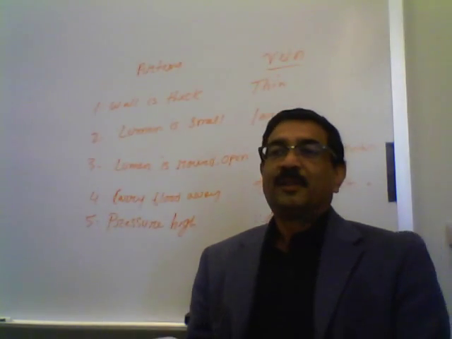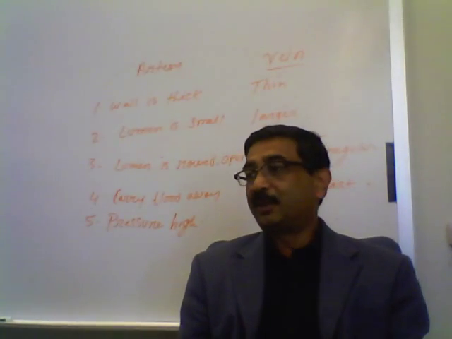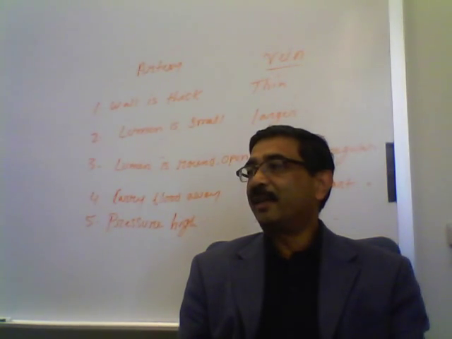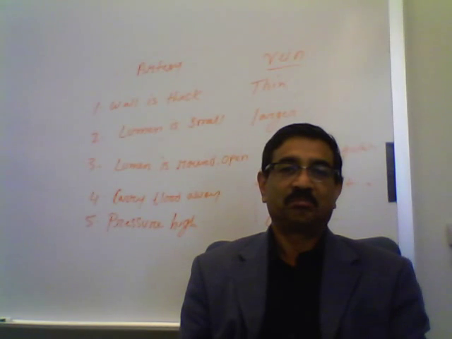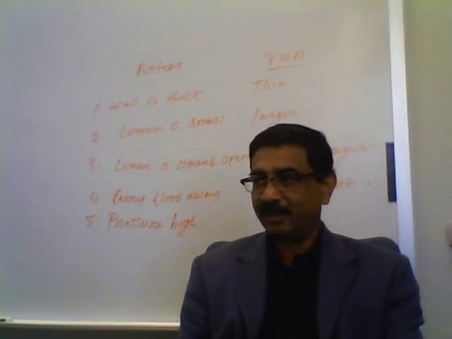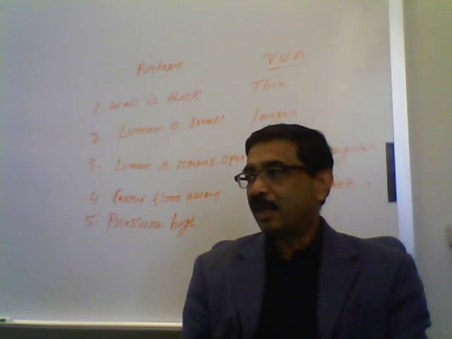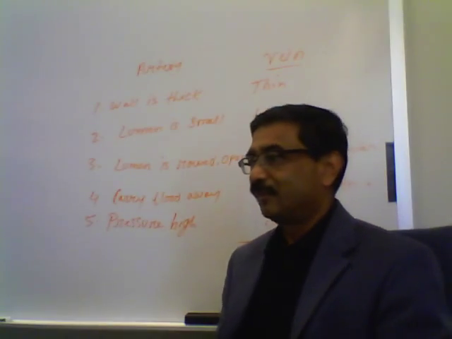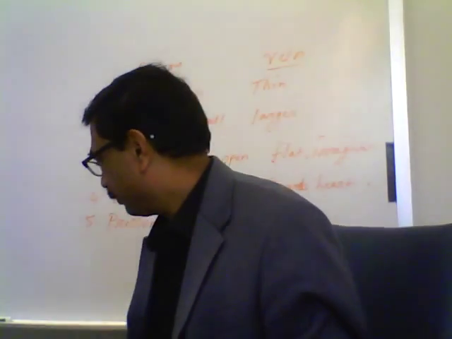So, in systemic circulation, you tell me, from left ventricle, blood enters into which artery? Aorta. Very good. So, aorta takes the blood from the left ventricle towards the body.